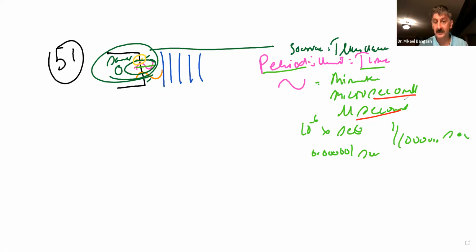Clear? Which in this case is going to be speed. Cubic millimeters, or cubic centimeters, sorry, that is the unit of volume. So whether it was a minute, a microsecond, millisecond, nanosecond, whatever, those are appropriate units of time, and hence appropriate units for a period of the sound wave.